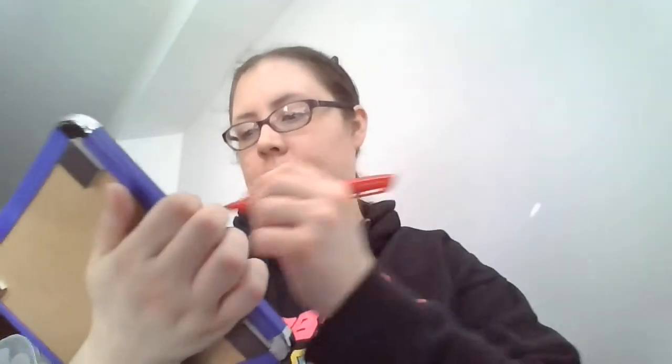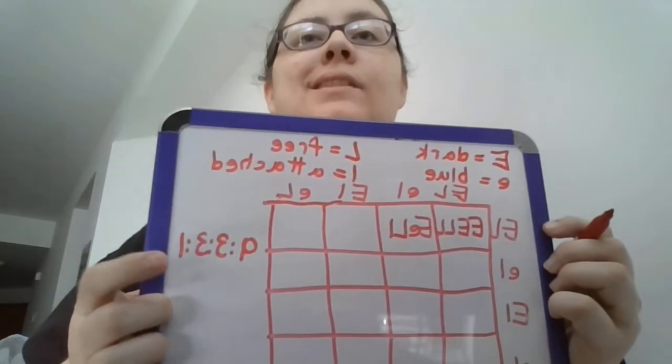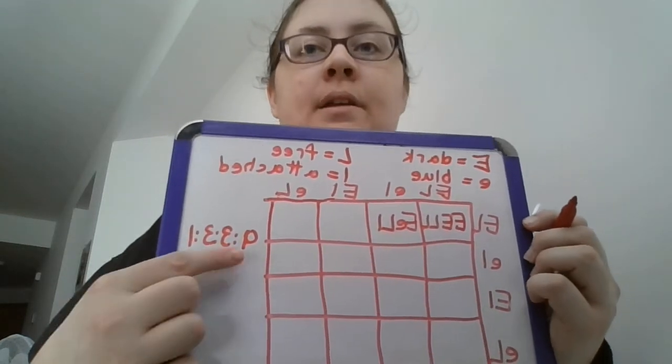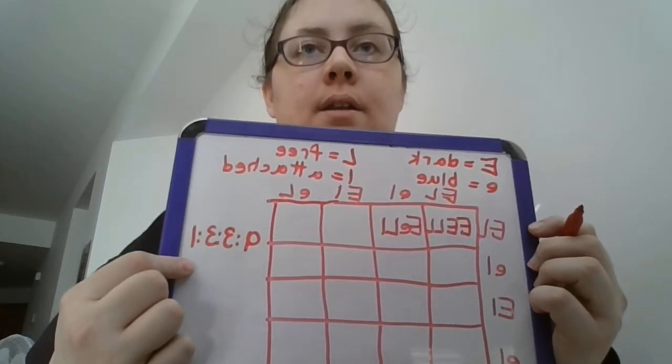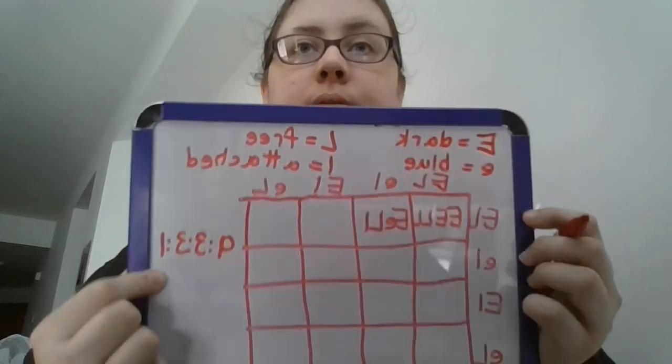Now, I'm going to tell you that if you were to fill this all out and look at the different genotypes, this would be the spread. We'd have a 9 to 3 to 3 to 1 ratio of genotypes in this Punnett square.